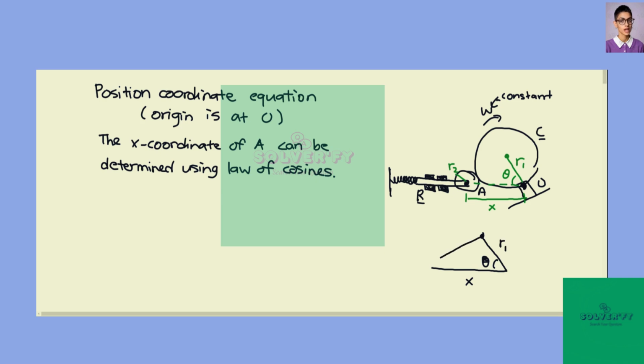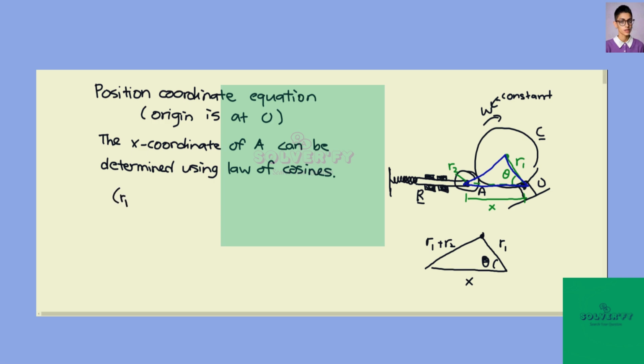And over here this is R1 plus R2. So the triangle that we are looking at is this blue triangle, drawn over here. So x can be obtained using the law of cosines.